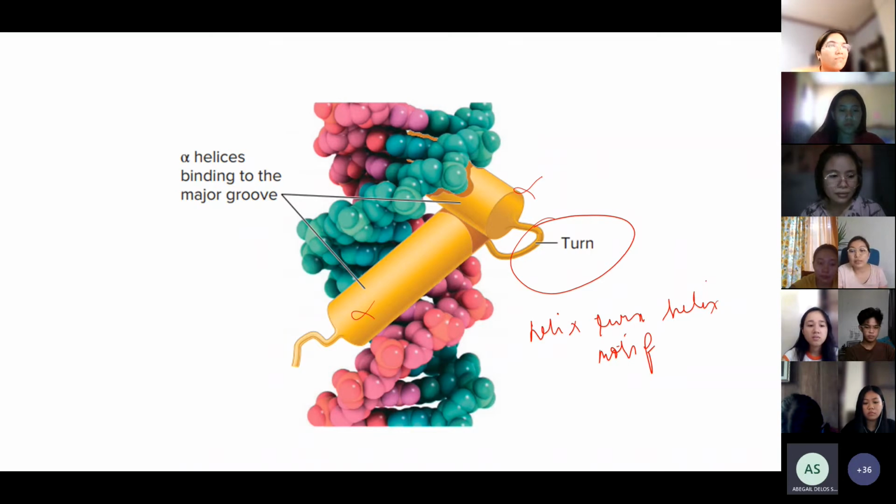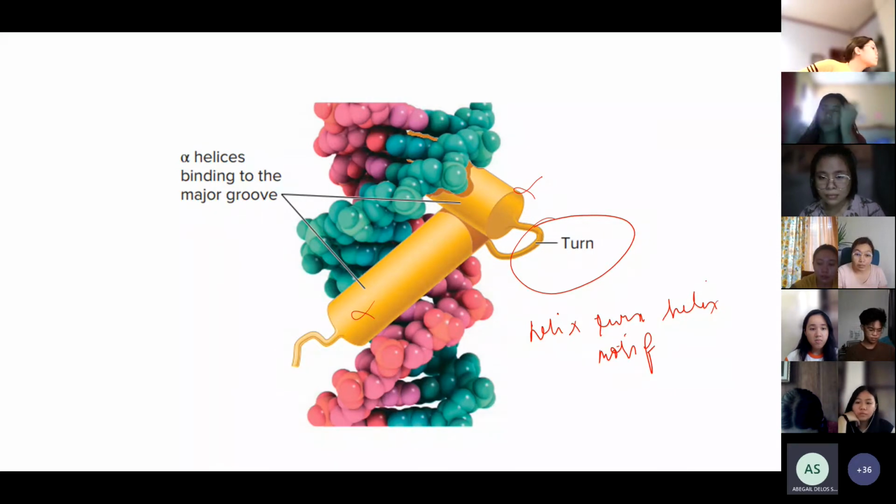These two alpha helices of the protein can fit within the major groove of our DNA. And the amino acid side chains within our alpha helices form hydrogen bonds with the bases of our DNA.